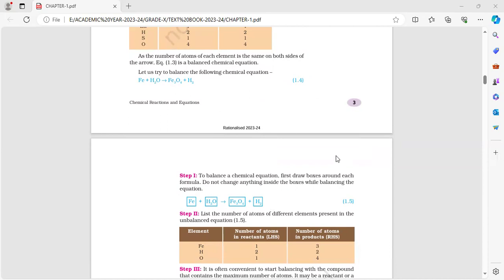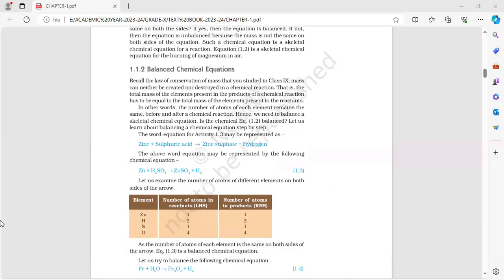One more point you should remember here. In 2020, in the CBSE board, a question was asked for 1 mark.